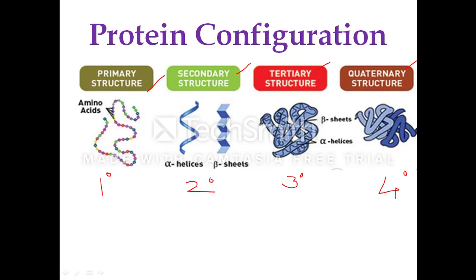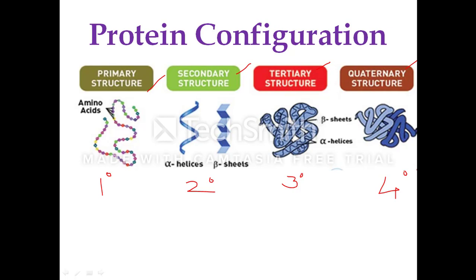The first 3 organizations, that is primary, secondary and tertiary, can exist in a protein containing a single polypeptide chain. You can see these 3 structures in a protein containing a single polypeptide chain. But the quaternary structure exists only when the protein has more than one polypeptide chain.